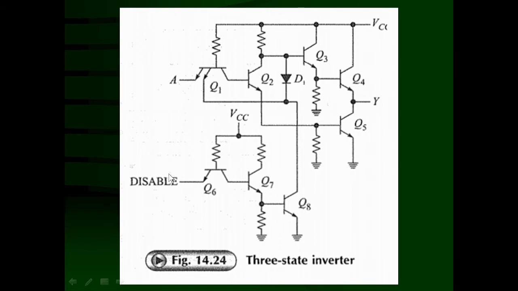Disable will work as a control signal. If the disable is low, then it will work as a normal inverter. But when the disable is high, then A has no control over the output, and output Y is going to be floating with respect to the rest of the circuit. So we have to understand this circuitry like this.